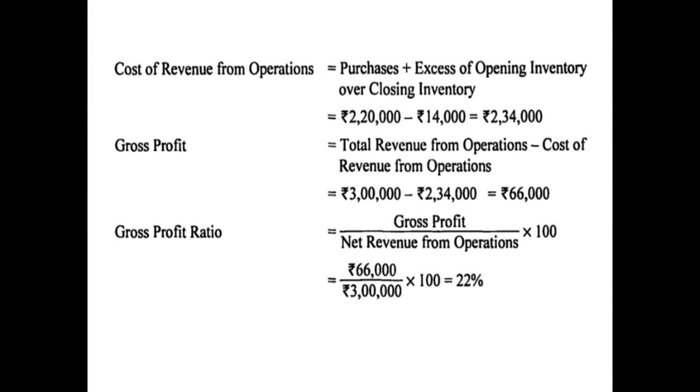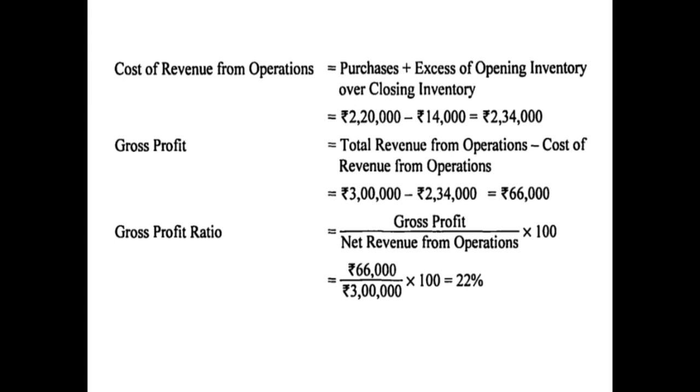As we know, the formula for cost of revenue from operation is basically cost of RFO is equal to revenue from operation minus gross profit, but we don't have the gross profit amount as of now. Then another formula is opening stock plus net purchases plus direct expenses minus closing stock. So that information also we don't have. Another one is purchases plus change in inventory, etc.